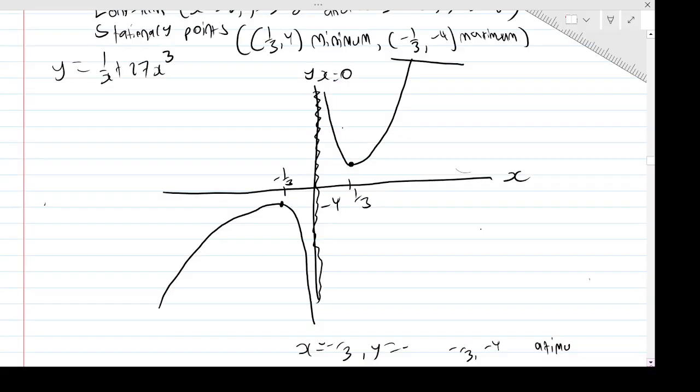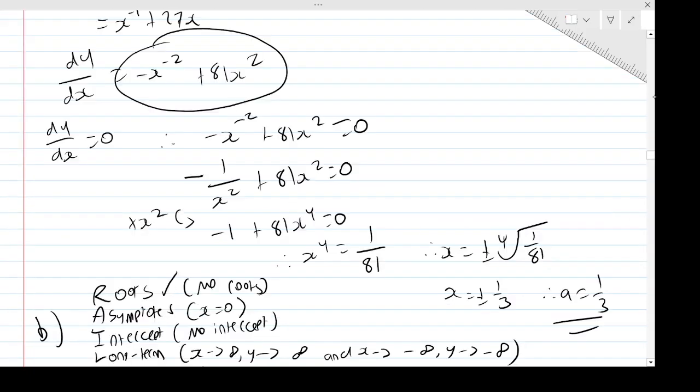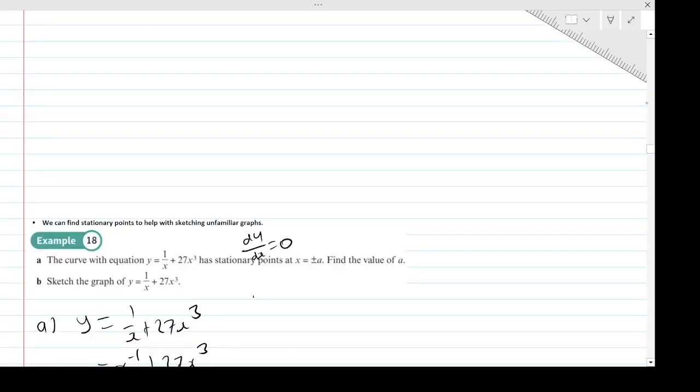Okay, but I will say graph sketching with unfamiliar functions is very, very difficult, especially for A level. I don't think I've ever seen an exam question where they've asked you to sketch an unfamiliar graph, a graph that isn't one of the standard graphs you need to learn, or a simple transformation.